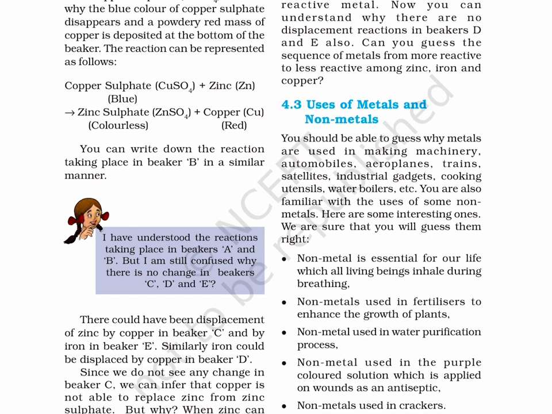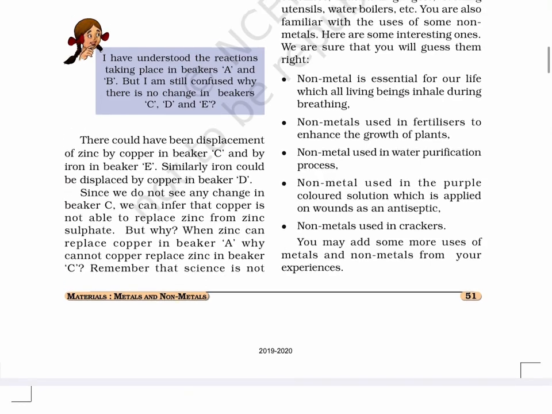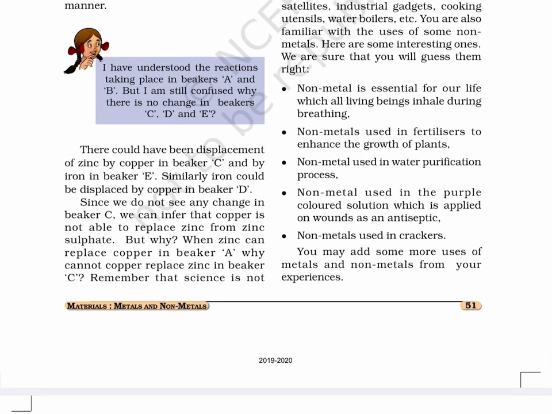Haley has something to say. I have understood the reactions taking place in beakers A and B, but I'm still confused why there is no change in beakers C, D and E. There could have been displacement of zinc by copper in beaker C and by iron in beaker E. Similarly, iron could be displaced by copper in beaker D. Since we do not see any change in beaker C, we can infer that copper is not able to replace zinc from zinc sulfate.